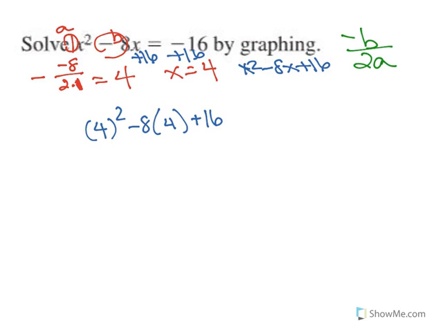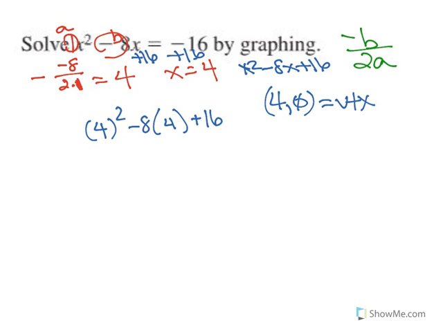So now we can put that 4 in there. So 4 squared minus 8 times 4 plus 16 gives us 0. So our vertex is 4, 0.